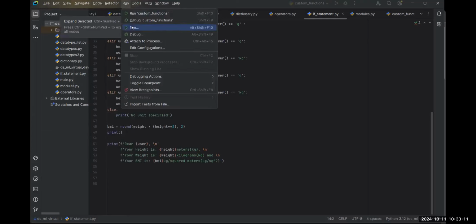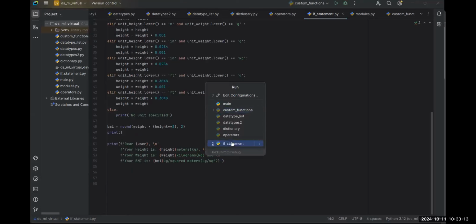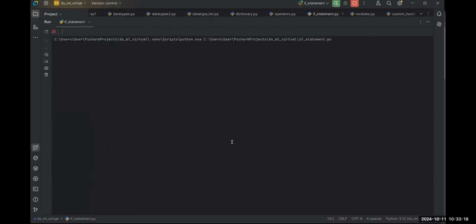Run. And then we are running the if statement. Just allow it. The first thing we are seeing is register your name here. So just watch out how this is going to play out. My name is Abai Sonny. Enter. Your weight here.